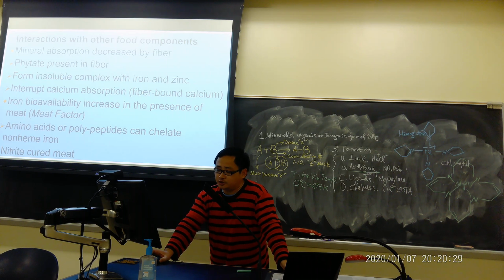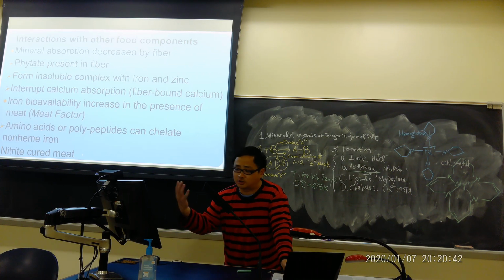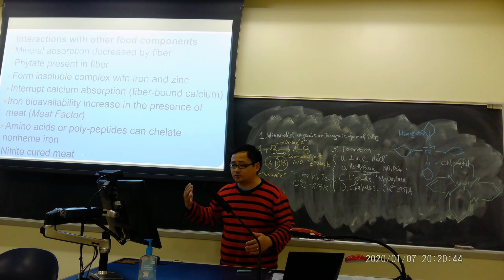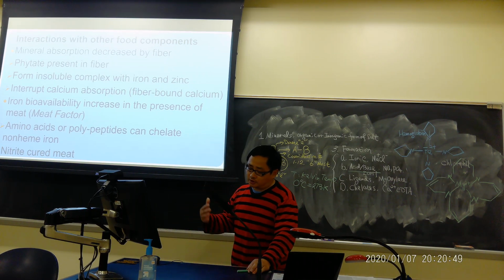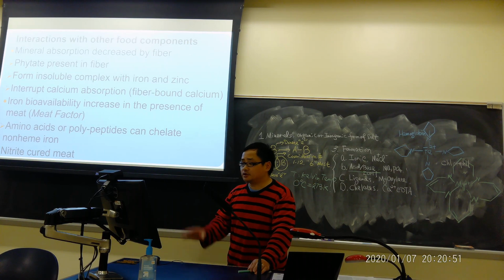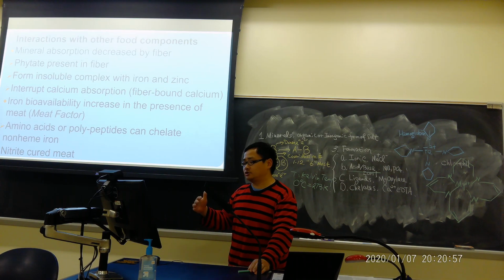And for nitrite-cured meat, because we have citric acid, ascorbic acid, and erythorbic acid, the metal in a nitrite-cured meat is easily used and digested compared to in a single format. So just to give you an example, fiber and meat play different roles for these mineral compounds in the body.